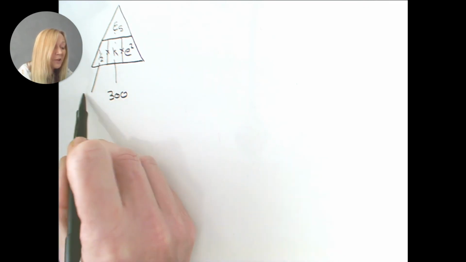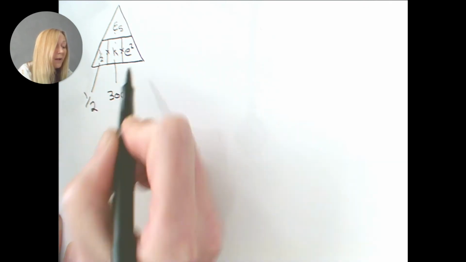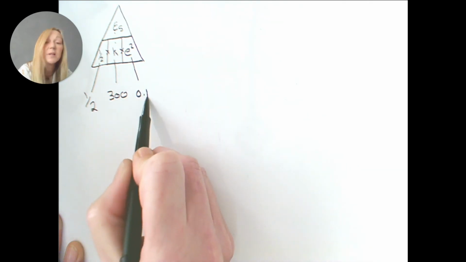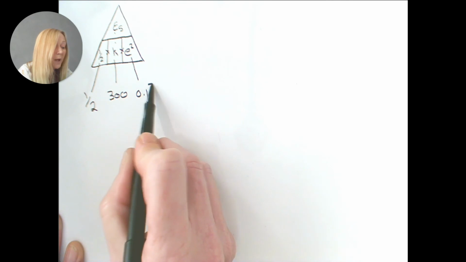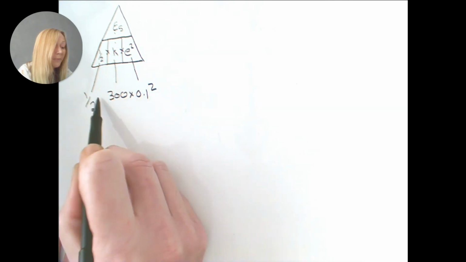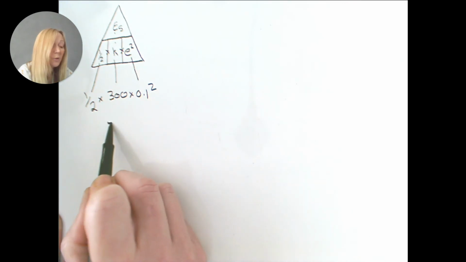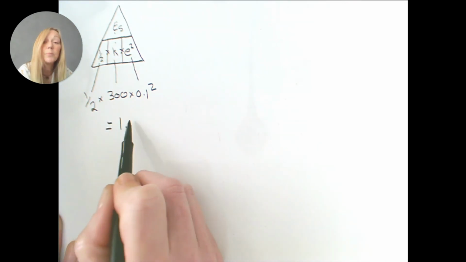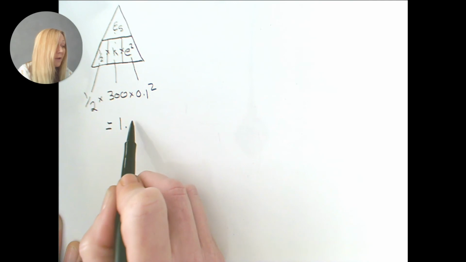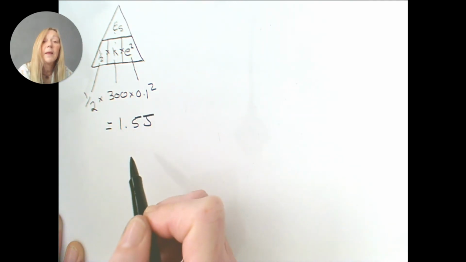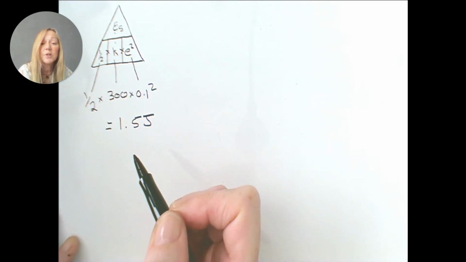The half doesn't change. And they gave us the extension as 0.1, so that's 0.1 squared. Put that into a calculator and that gives you the spring energy of 1.5 joules. And so that's how we get to the first question.